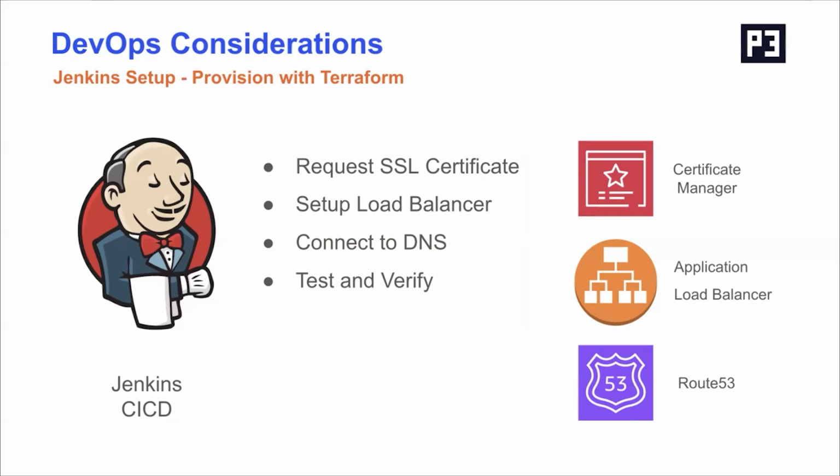AWS ACM is responsible for managing SSL certificates, ensuring encrypted communication for our domain. Finally, the ALB handles traffic routing and securely forwards it to our Jenkins server running on EC2. Together, these components simplify HTTPS setup, automate certificate renewal, and enhance the security and reliability of our Jenkins environment. So, next page, please.